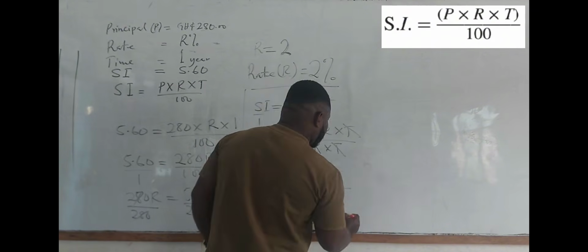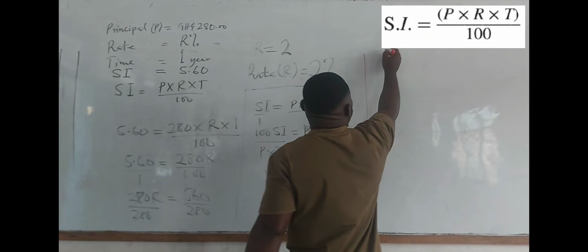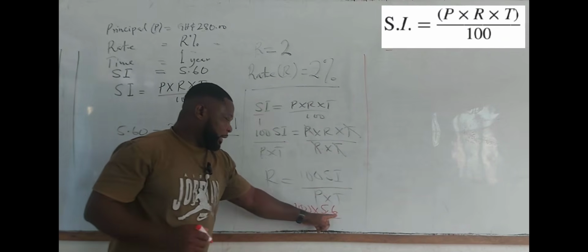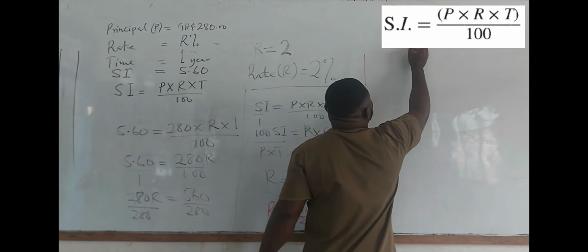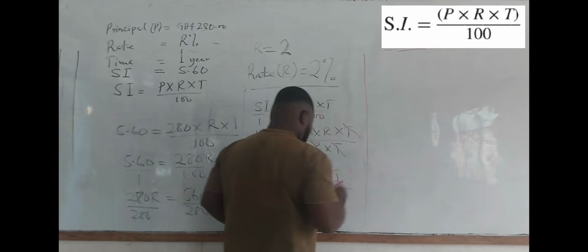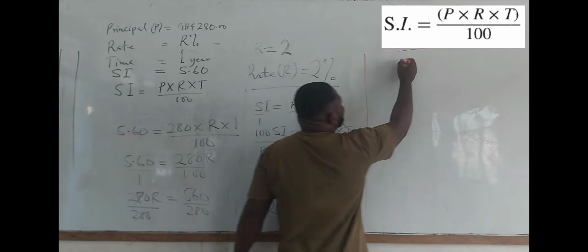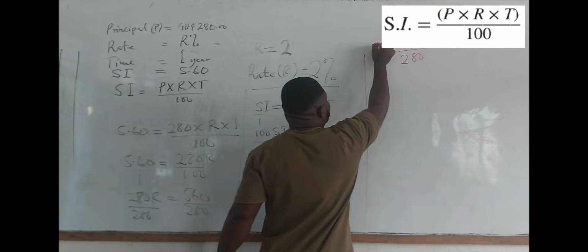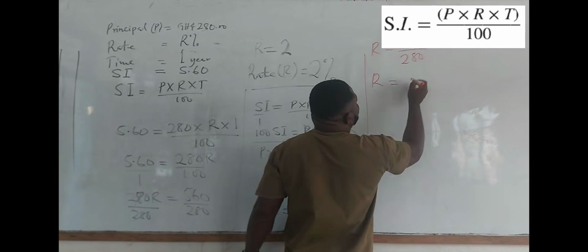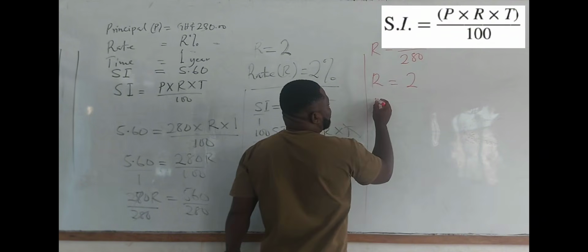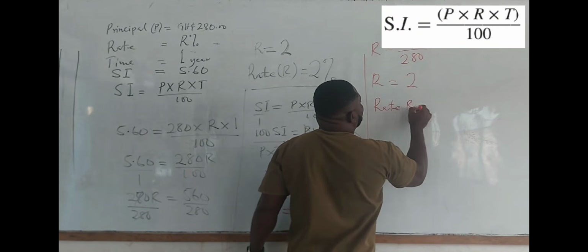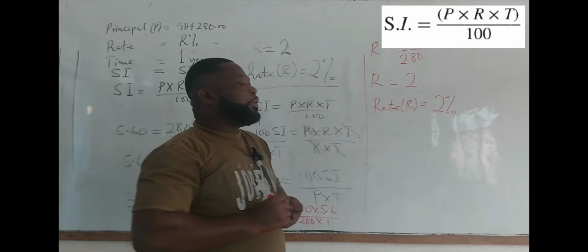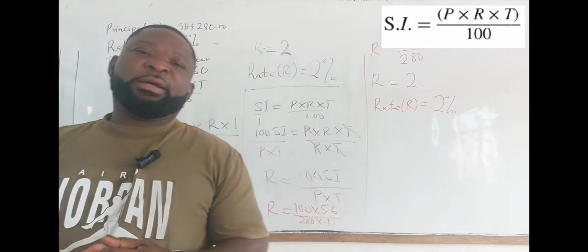So this is going to give us 100 times 5.6, that will give us 560, over 280 times 1, 280. And that is our R we are finding. And therefore our R is the same as 2. And so the rate, which is our R, is the same as 2%. So any of these approaches, you can consider and use to solve.